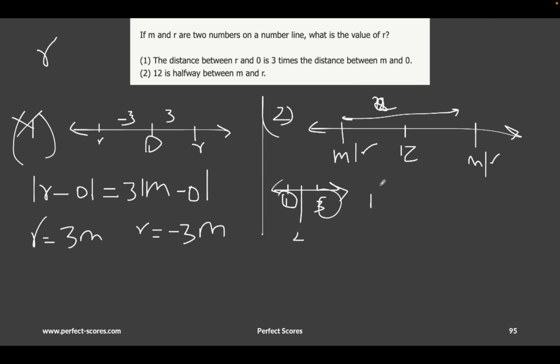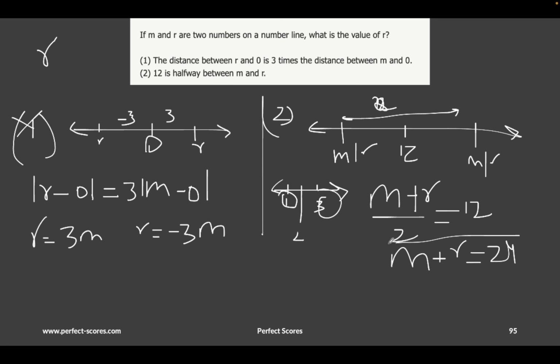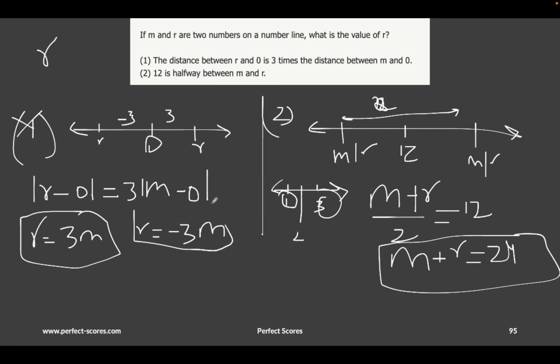So that means the average of m and r is equal to 12. That means m plus r is equal to 24. So clearly insufficient.